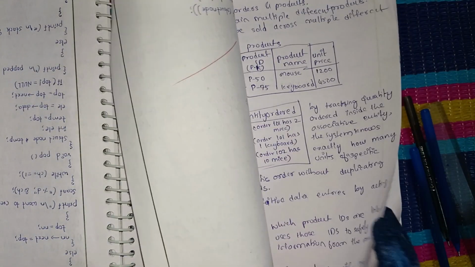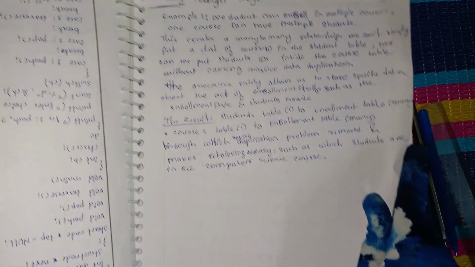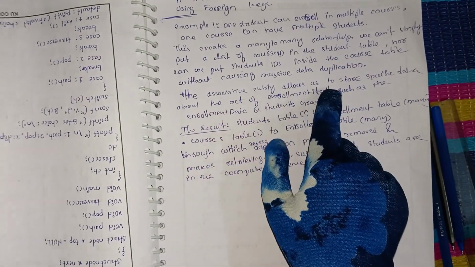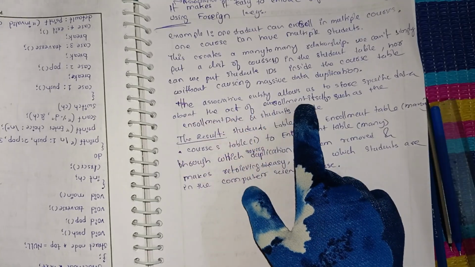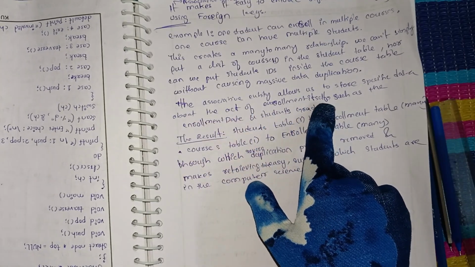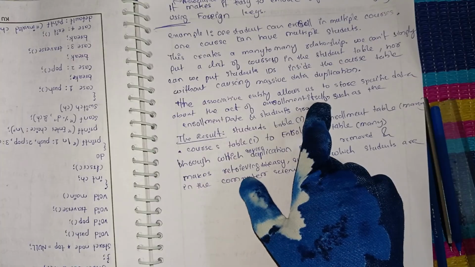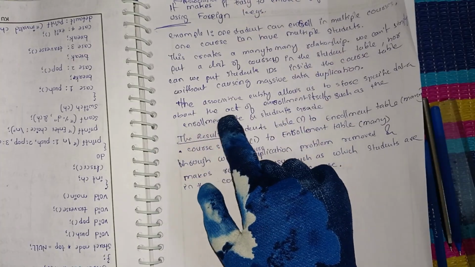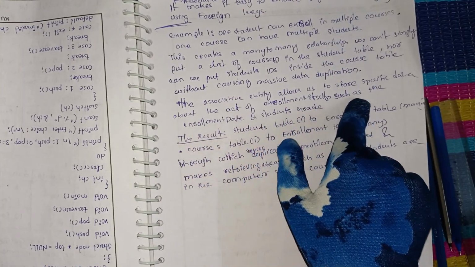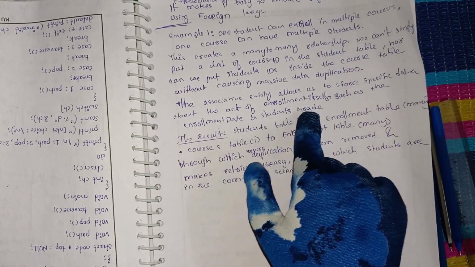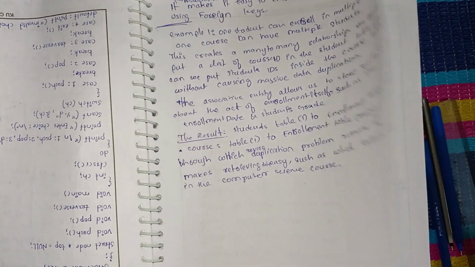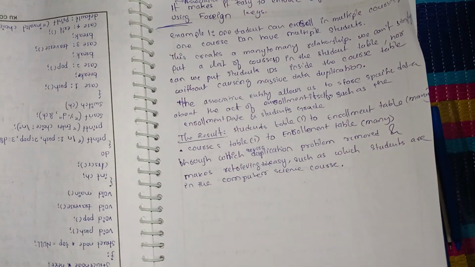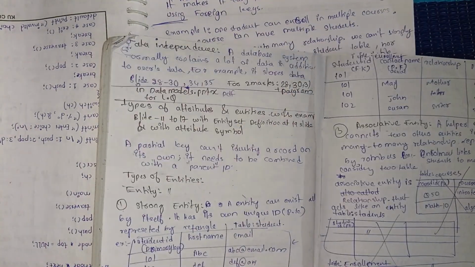So we are discussing the first example now. The associative entity allows us to store specific data about the act of enrollment itself, such as the enrollment date and the student's grade. How will it look?